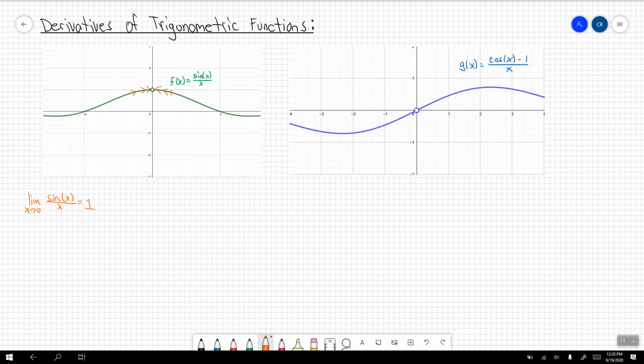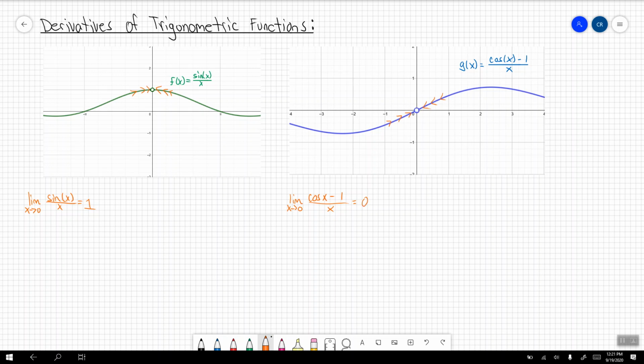So when we're looking at sine of x divided by x, we must interpret that that function might not exist at x is equal to 0, but we do get the limit to be evaluated. The other limit on the second graph, the limit as x is approaching 0 for that function of cosine of x minus 1 all divided by x, will also evaluate to be 0.